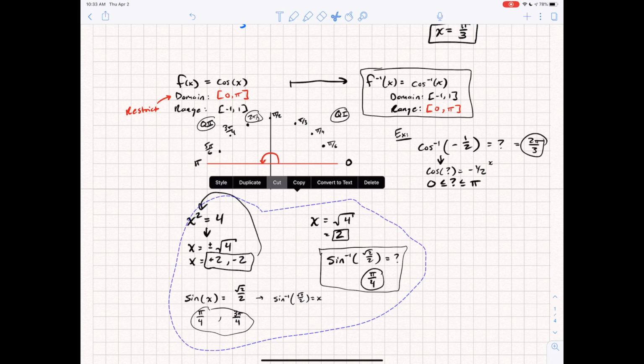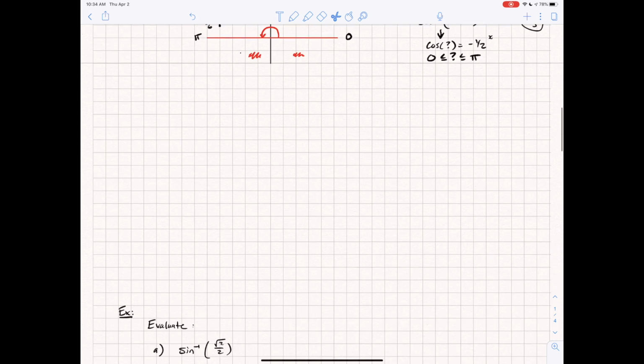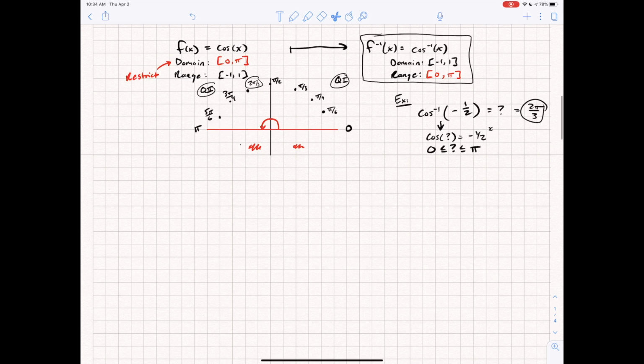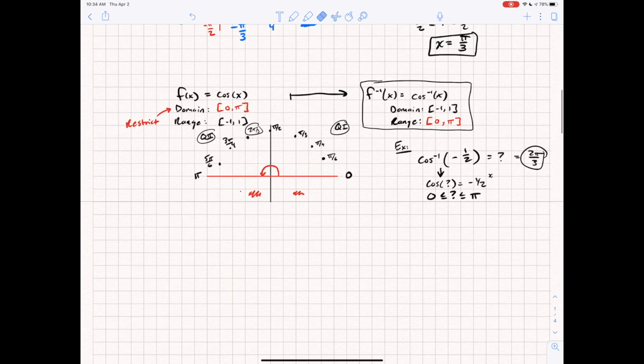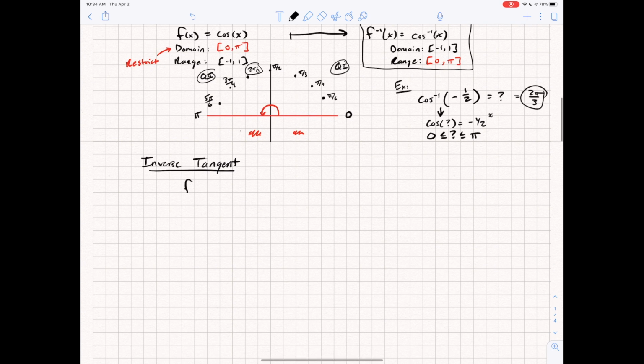Let's take a look at inverse tangent before we take a look at some more examples that I've got down here. So for inverse tan, I meant to label this: this is inverse cosine, and this is inverse tan. Now tangent is kind of unique. We looked at this in the video on Monday.